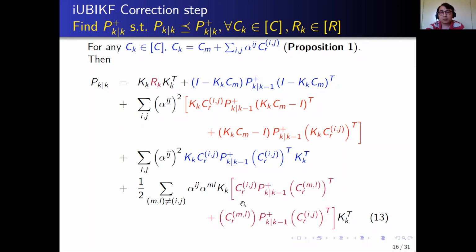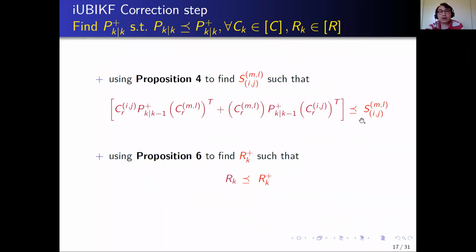And then the bracket will be upper bounded by a matrix S, M L, I J using proposition 4. And also we use proposition 6 to find the upper bound R plus of the matrix R_k.